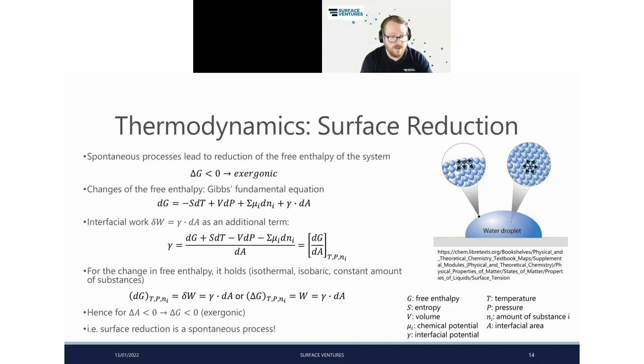We can talk about this in terms of the Gibbs fundamental equation. Next slide, I'll just review some of these terms, but just so you can see the equations for these. So we can have the change in Gibbs free energy in terms of the area, with constant temperature, pressure, and constant amount of substance.